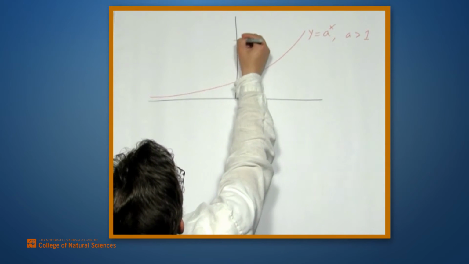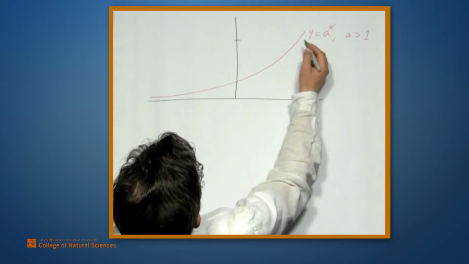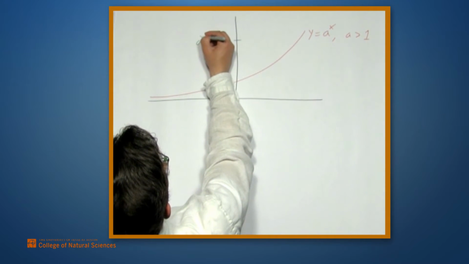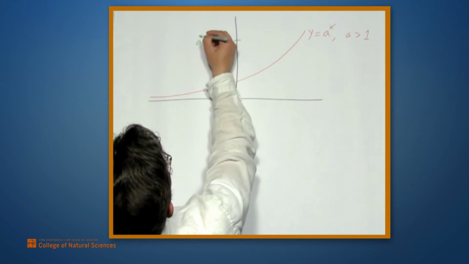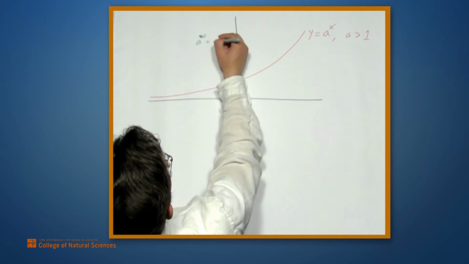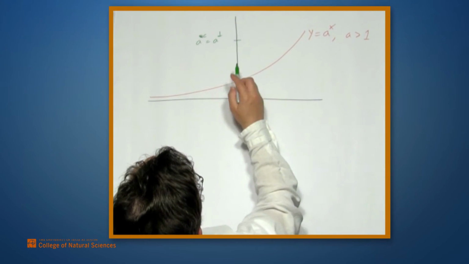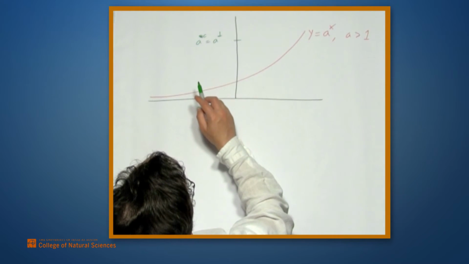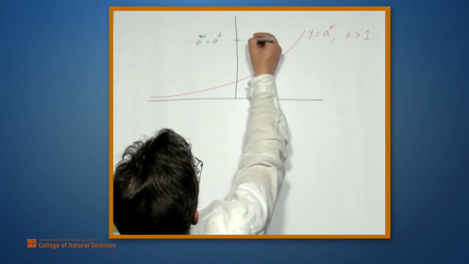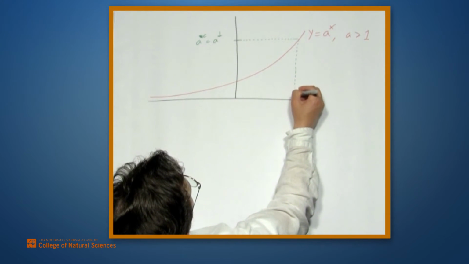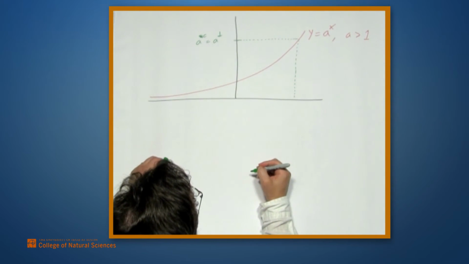If we know that two outputs of this function, in other words, a to the c equals a to the d, in other words, both outputs of this function land at the same y value, then we can see from this graph that there is only one place these two outputs could have come from.